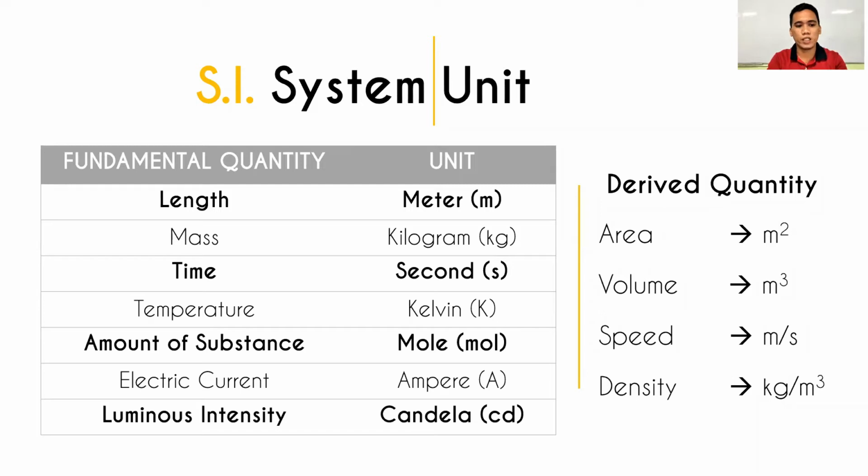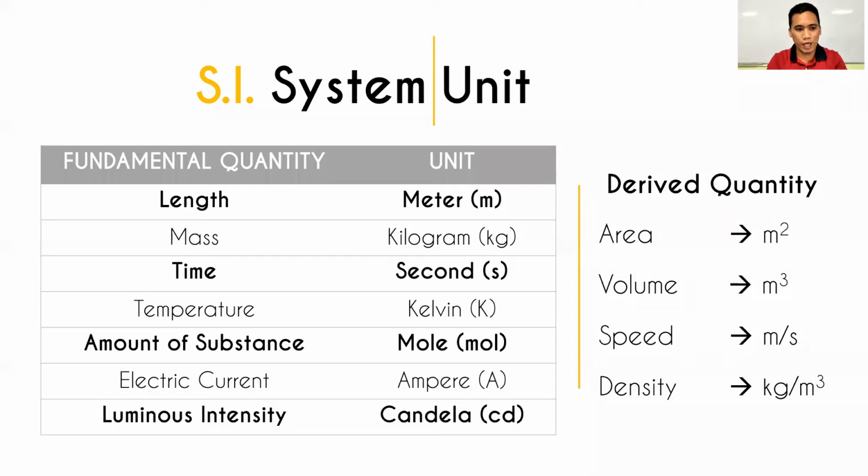So when we say fundamental quantity, it is the basic units or the basic quantity. And when we say derived quantity, it is the combination of two or more fundamental quantities.